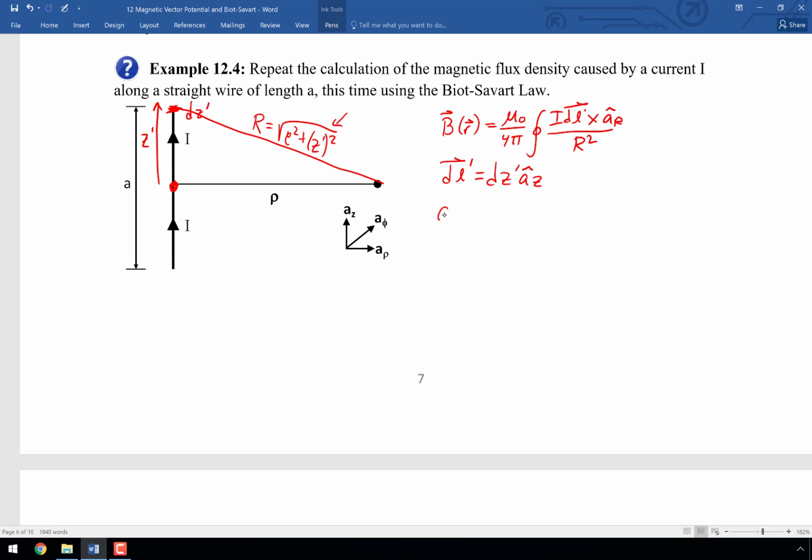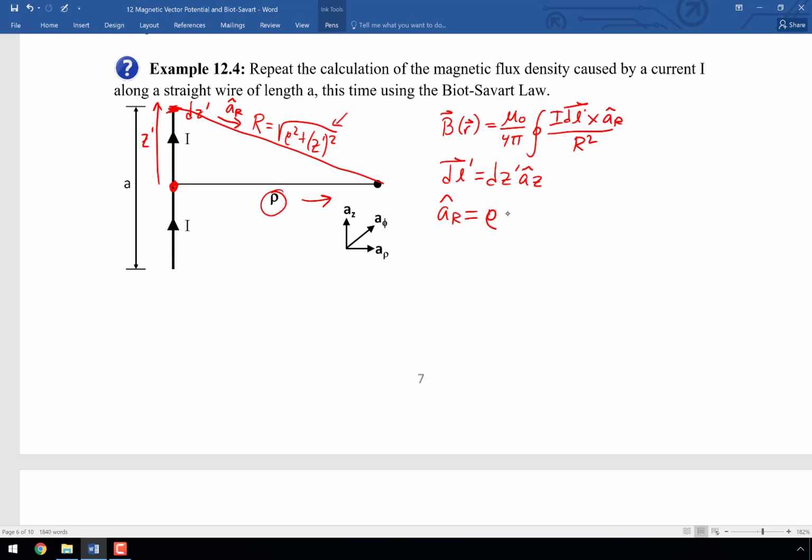And then I also can calculate a sub r. A sub r is a unit vector that is pointing from the point of current density down to the point that we're testing. So a sub r is in this direction right here. Well, I know that to go the full length of that red line, I'm going to need to go rho units in the a sub rho direction.